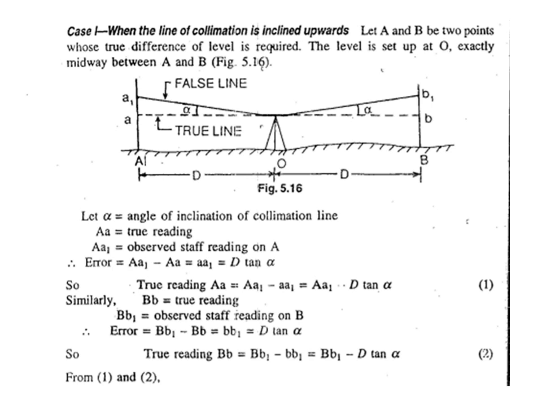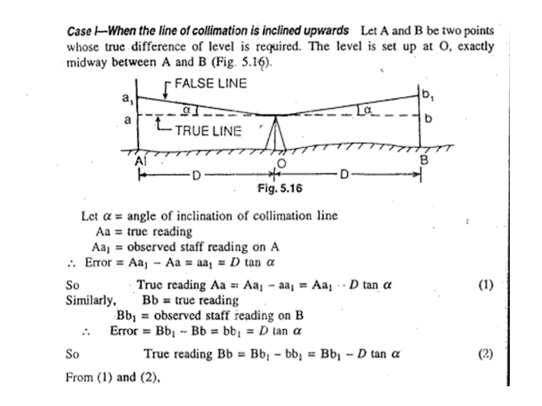Similarly, BB is the true staff reading on station B, and BB1 is the observed staff reading on B. Therefore, error equals BB1 minus BB, equal to d tan alpha. So therefore, true reading BB equals BB1 minus d tan alpha.